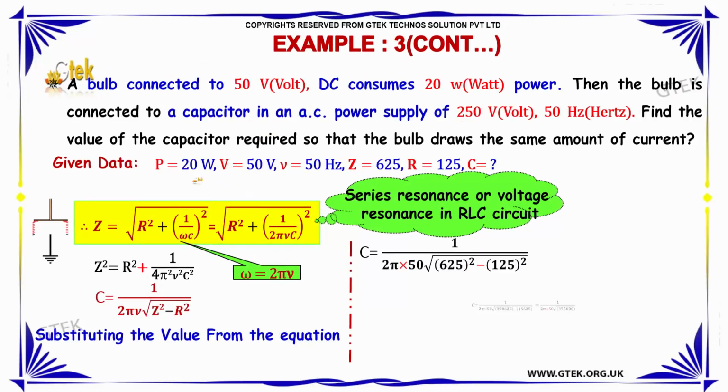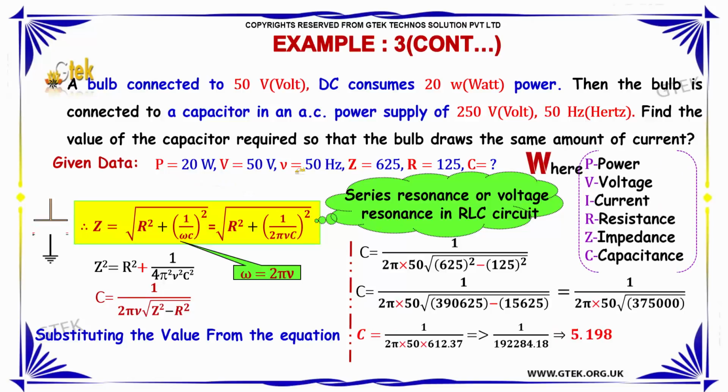So as you know, we have P, V, nu, Z, R. We identify everything, we need to identify C. So we know the equation Z is equal to the square root of R square plus 1 by omega C whole square. So this is the equation. But omega can be rewritten as 2 pi nu, since nu is known.